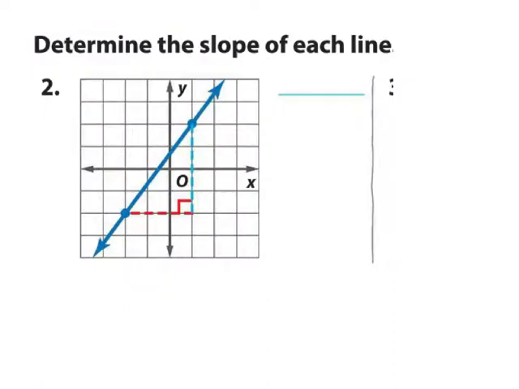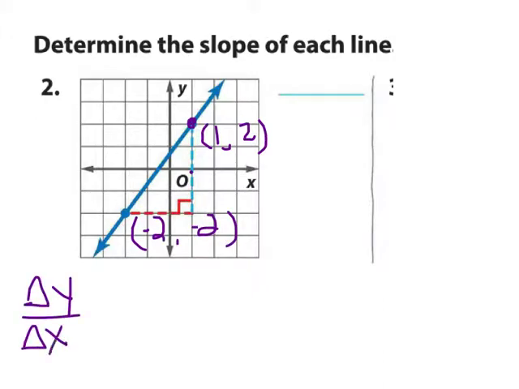Now we'll look at one with a graph. So if we look at one with a graph, this point right here is over 1, up 2, and this is negative 2, negative 2. Change in y over change in x.